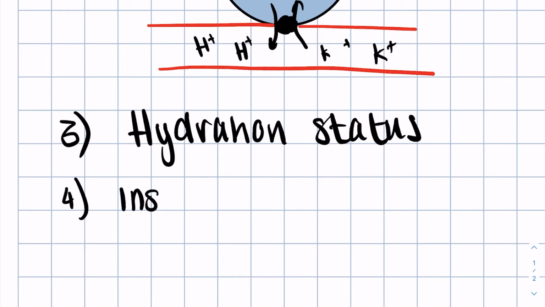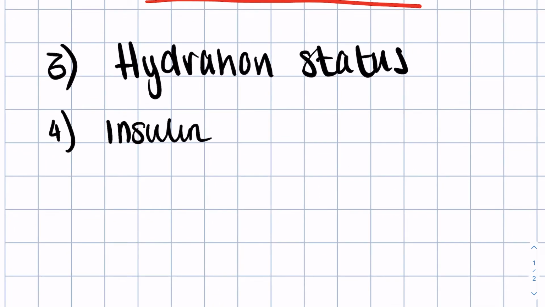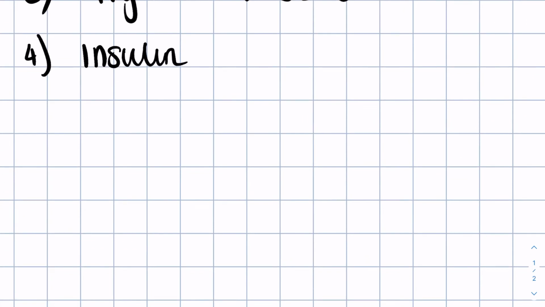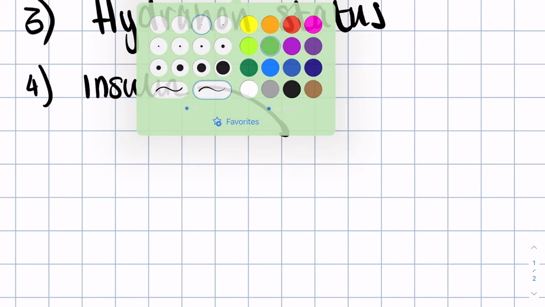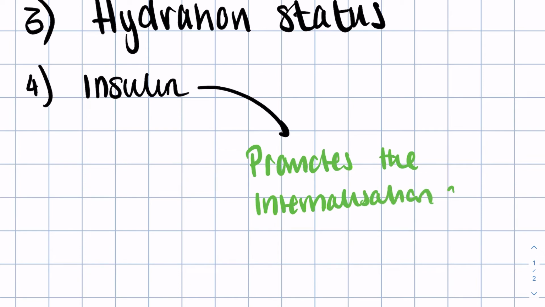So what does insulin do to the amount of potassium we have in the compartments of our body? So basically, insulin promotes the internalization of potassium into cells.